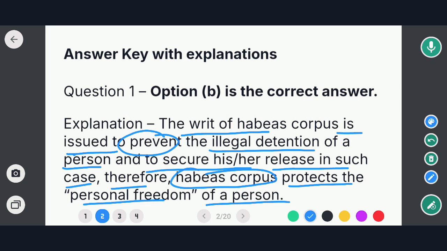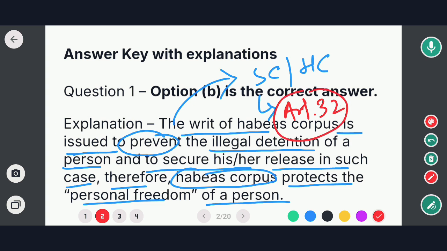If any person is illegally and unlawfully detained, we can file the writ petition directly to the Supreme Court under Article 32, or the High Court under Article 226.